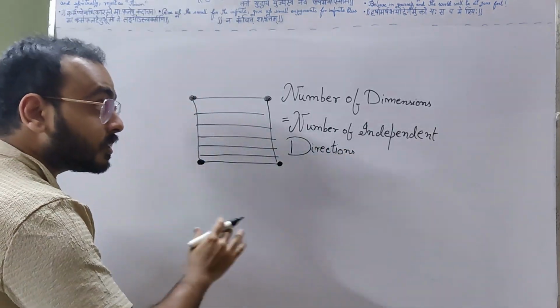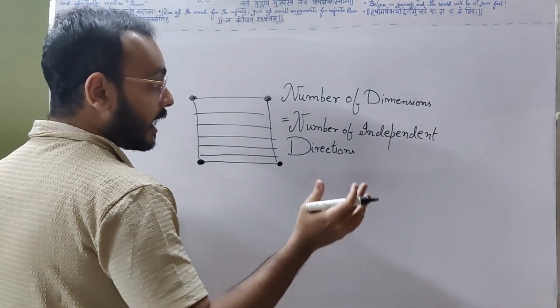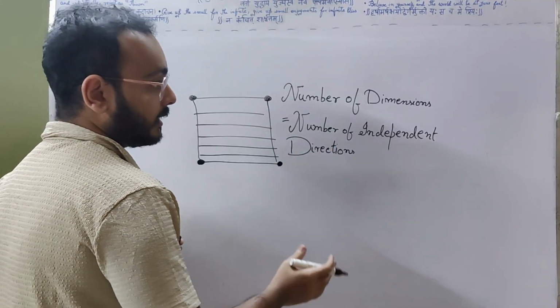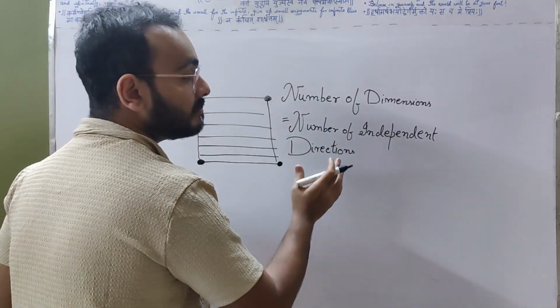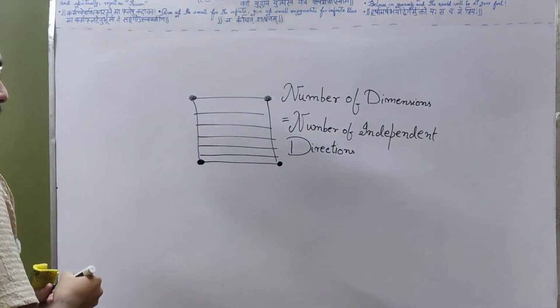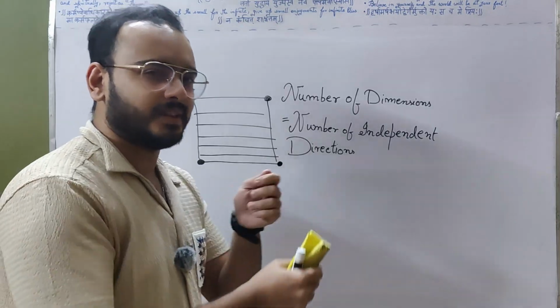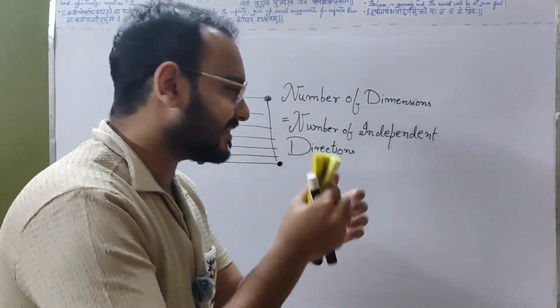So, to represent an n-dimensional space, I will require n number of independent directions. Cool. Now, whatever I did till now, I will repeat by sieving in more important details.